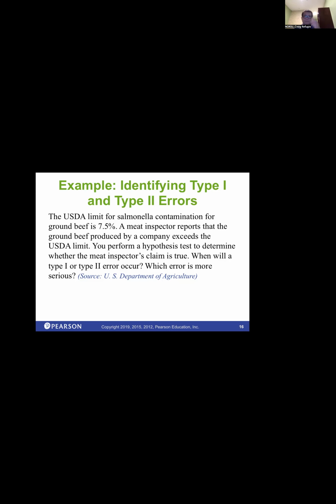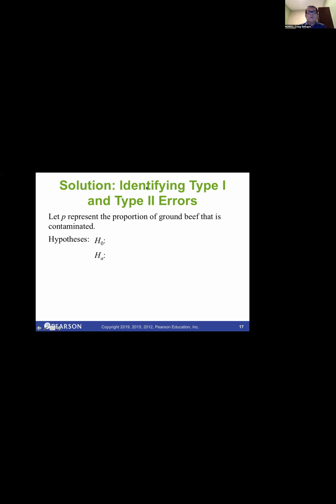From the statement itself, salmonella contamination for ground beef is, the linking verb is, that is equal to the mathematical expression. Okay, you said equality. Yes. Any other answer aside from equality? Mark is telling us about equality.